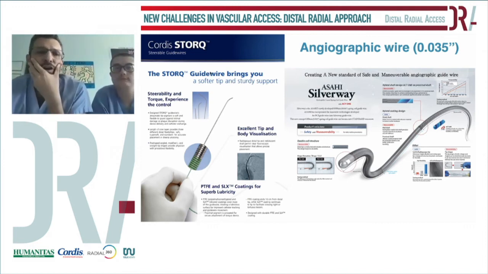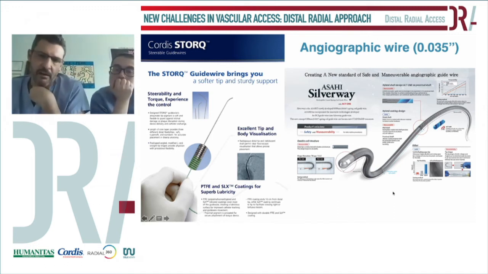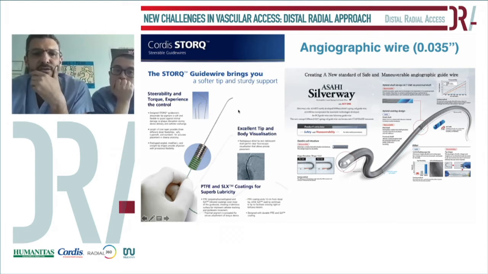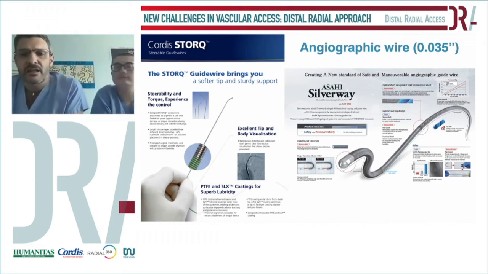The Stork from Cordis and also the Silverway from Asahi are not really different. This wire has a composite core technology that comes from Asahi, but the concept is that they are very steerable wires, so you can advance the wire without any problems, also in case of tortuosity or in case of friction. Both of these wires are very safe and very useful in case of tortuosity.